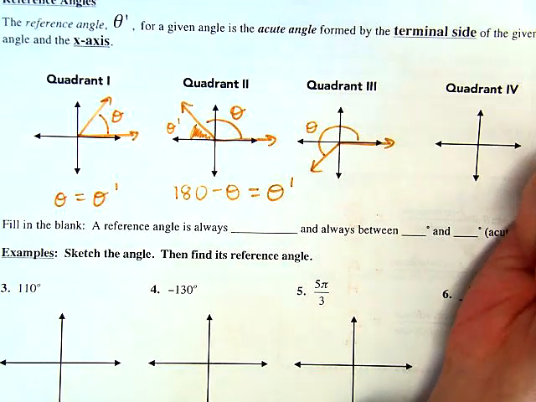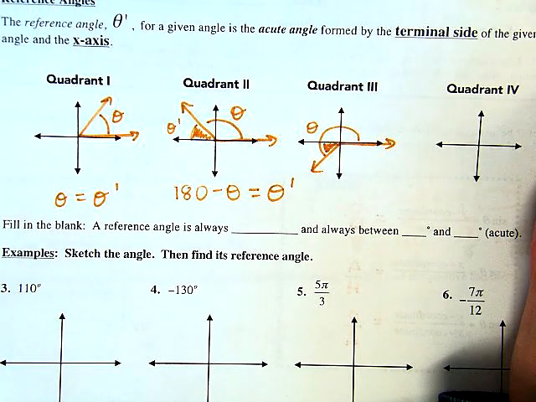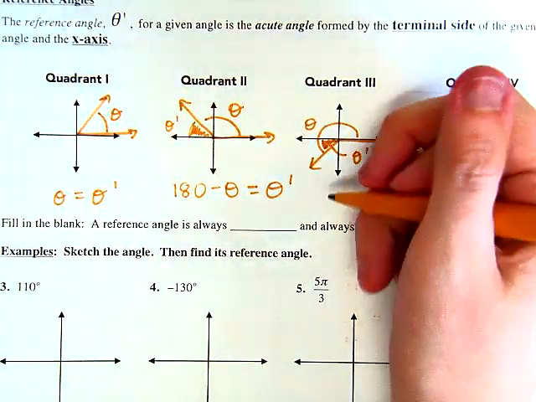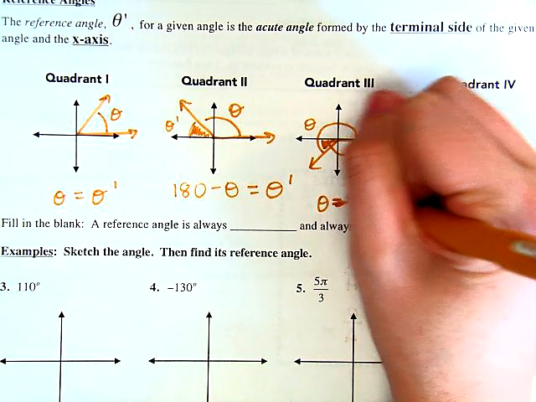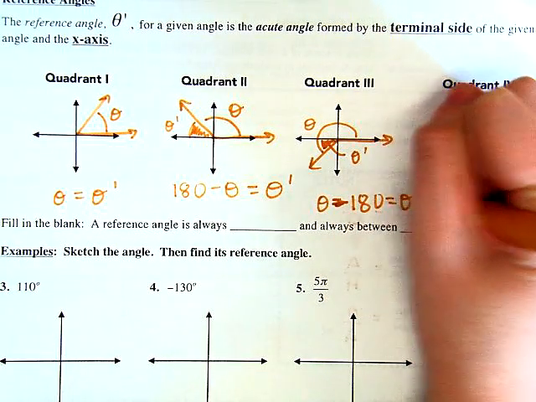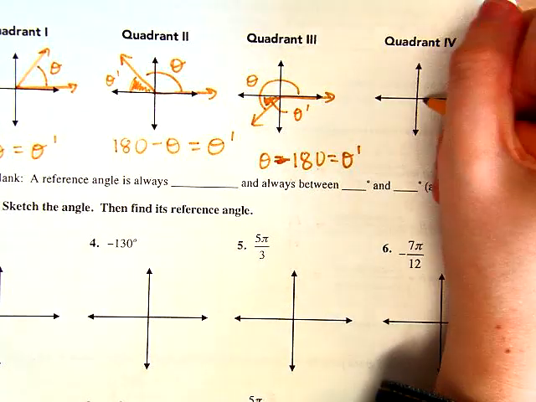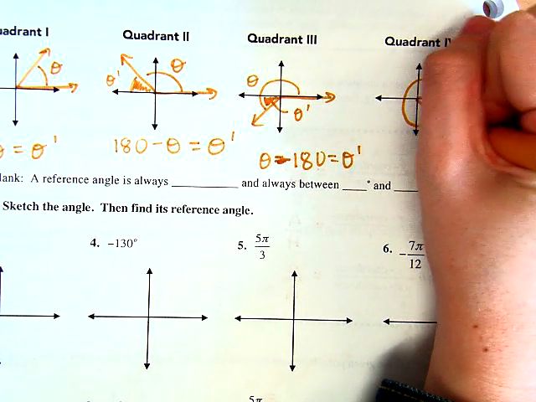My angle goes like this, but my reference angle is just that little part right there. So to get that, I do my angle minus 180 to get my reference angle. And for quadrant 4, we're talking down here, where my angle goes like this.